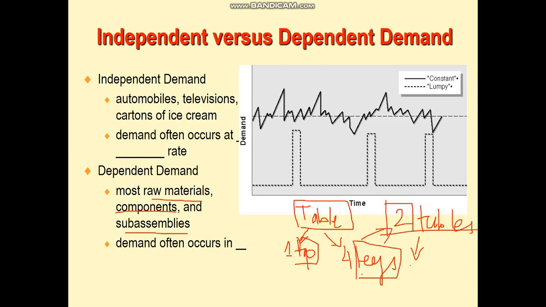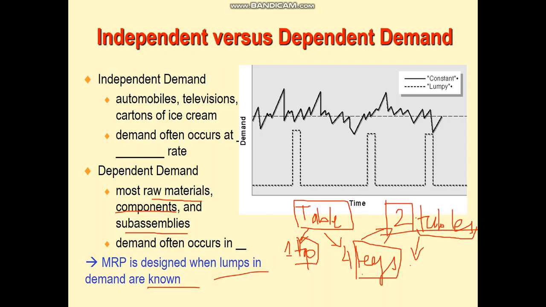So tops and legs here are dependent demand, and the demand for tables is independent. And MRP is designed for when the lumps in demand are known. When the lump is known, it means when the relationship between the dependent demand and the independent demand is known.